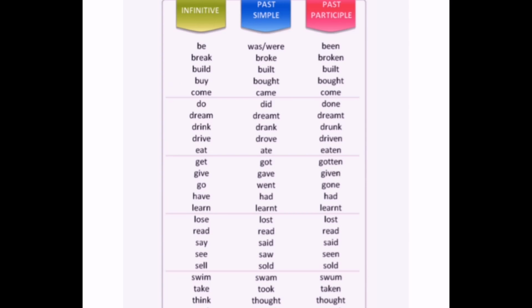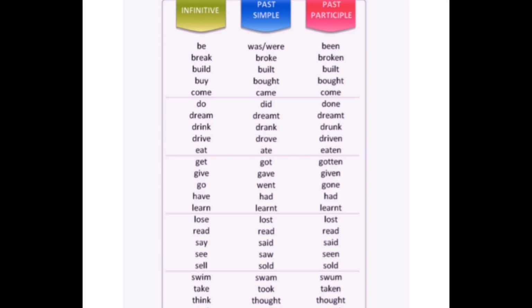Belt, belt, belt. Buy, bought, bought. Come, came, come. Do, did, done. Dream, dreamt, dreamt. We can also say dreamed, and we add ed.